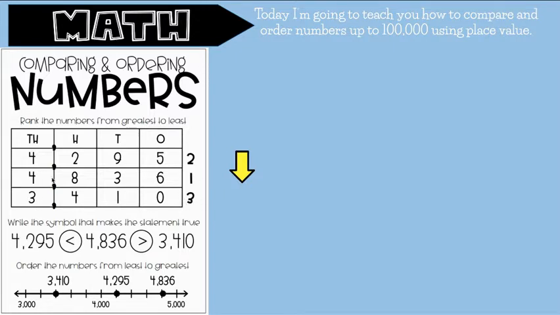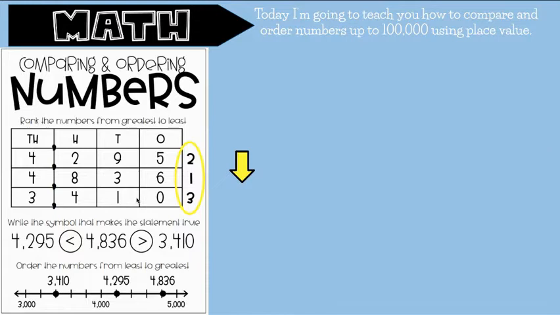And then I'm going to go, okay, these are the same, so let's go to the next place value. Oh, 2. That 200 is less than 800. So that's going to be my middle number, that's second. And then that leaves this middle number right here as my first number when I line them up. So sometimes this might be a useful tool right here to rank them in order when you are just looking at them.